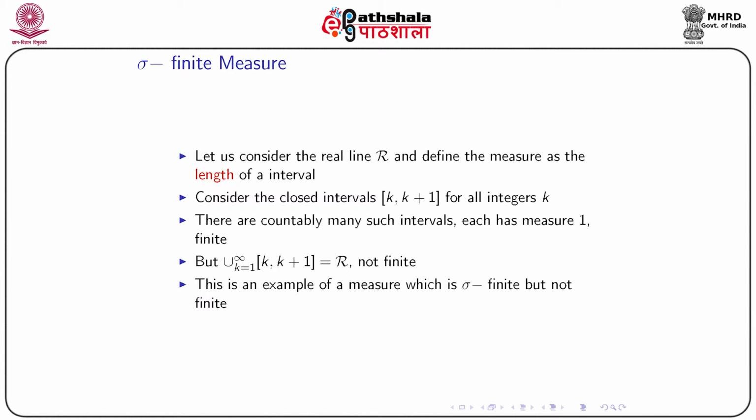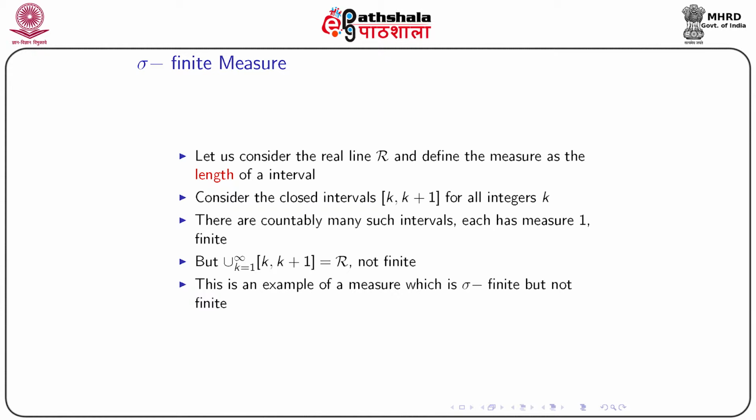Now, sigma finite measure is not the same as the sigma additivity which we have already known. We are considering one example to show what we mean by sigma finite measure. Let us consider the real line R and define the measure as the length of an interval.